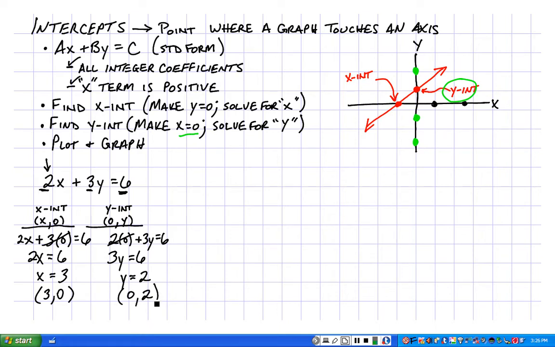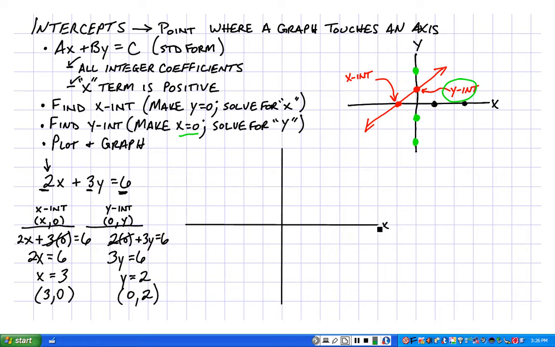Now this becomes real easy to graph. All you would need to do is make a line, and another line, for the x-axis and y-axis. 3, 0 is our x-intercept.